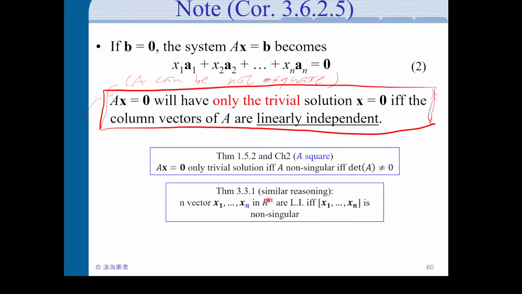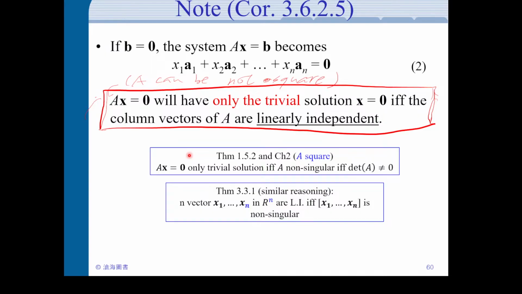Theorem 3.3.1 says that n vectors x1 to xn in Rn are linearly independent if and only if the matrix with columns x1 to xn is non-singular. Then we also use theorem 1.5.2 in chapter 2: for a square matrix, A is non-singular if and only if the determinant is not equal to 0, and if and only if Ax equal to 0 only has the trivial solution.